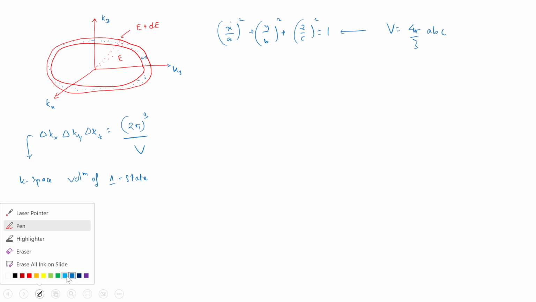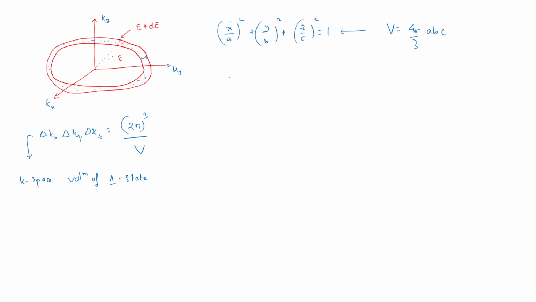So this is our dispersion relation, the energy is given by h bar square by 2 times kx square by mx plus ky square by my plus kz square by mz. So we want to write it in this particular form, so we divide everything by energy.